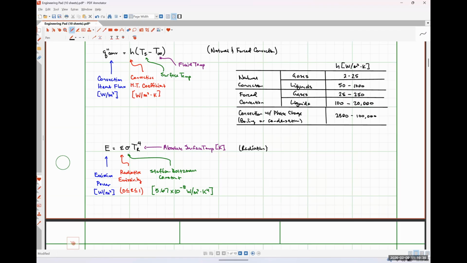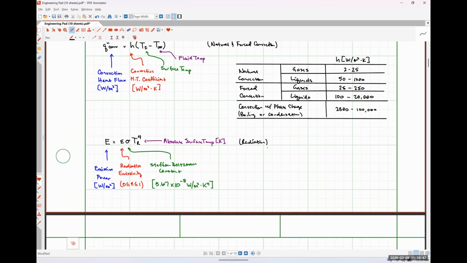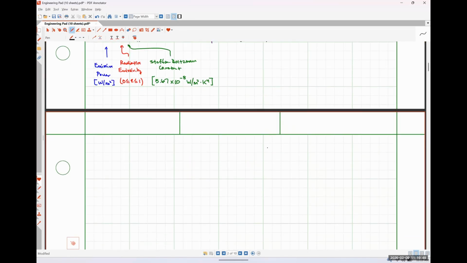So we see these 4 heat transfer mechanisms everywhere in our daily lives. Okay? So as a simple example, I'm going to attempt to draw a pot of boiling water. So something akin to this.